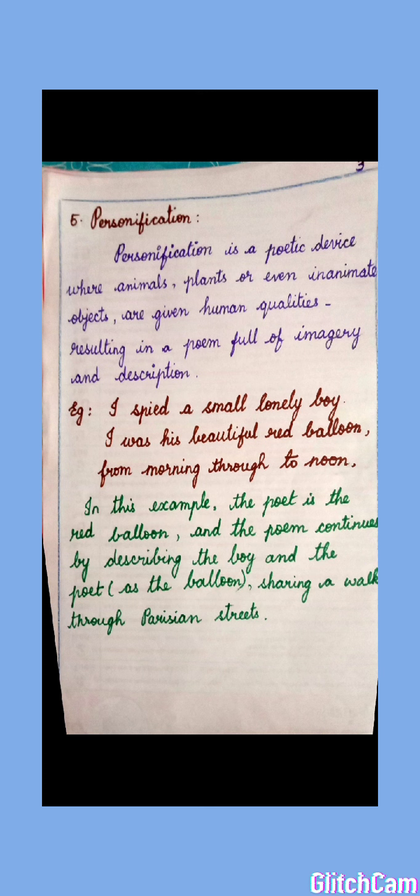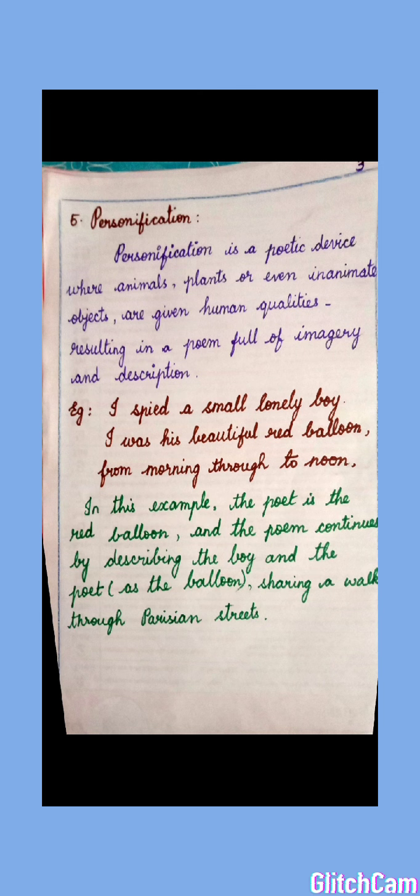Spied comes from a spy, a person who works for a concern or a government, who goes and searches or collects information secretly, secretly collecting the information from the enemies or competitors. That is called a spy.